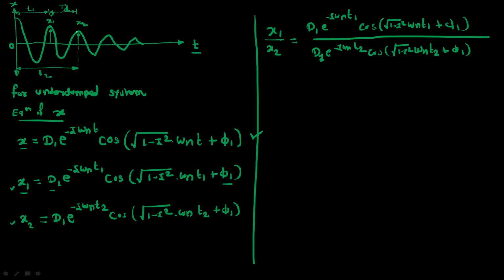So from x1 to x2, this is one complete cycle. So time is TD. So we can write t2 is equal to t1 plus TD. Now we can replace the value of t2 in that equation.